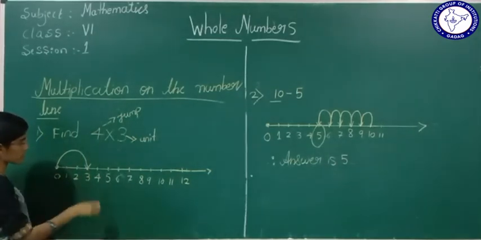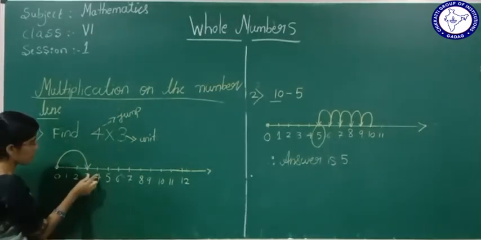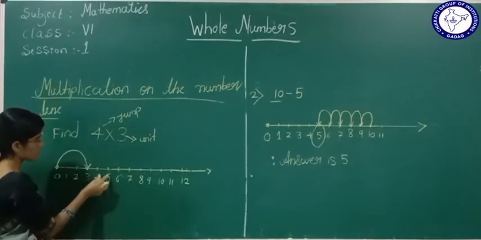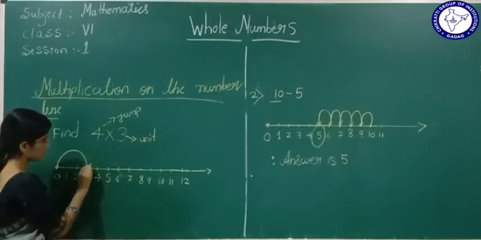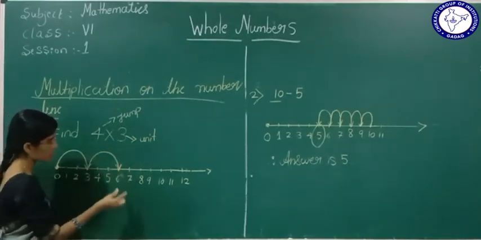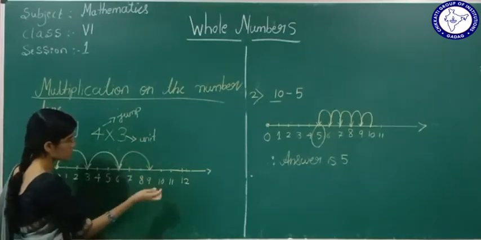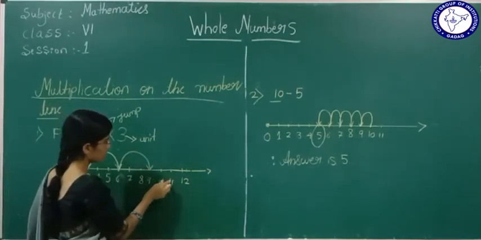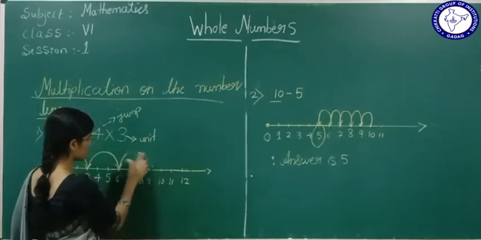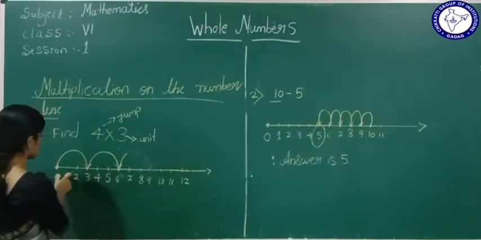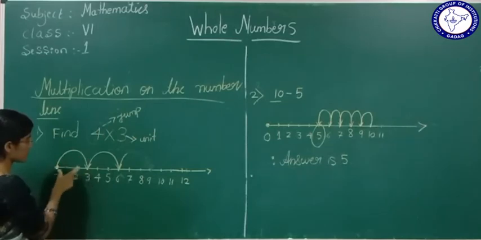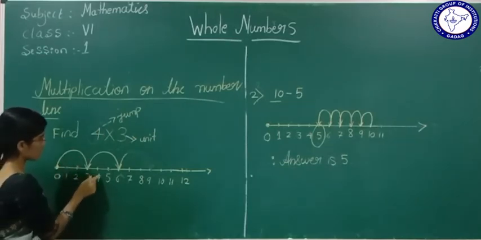This is 1 jump. Again see here, 1, 2, 3. 2 jumps. Okay, 1, 2, 3. 3 jumps. 1, 2, 3. This is the first jump. Okay, 1, 2, 3.